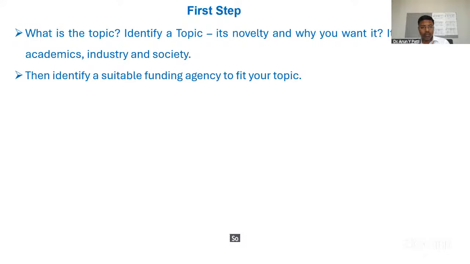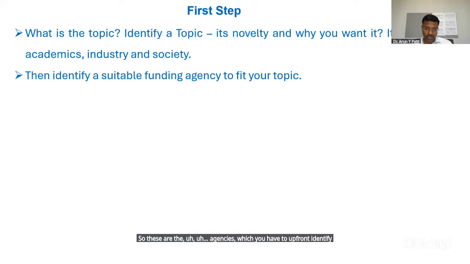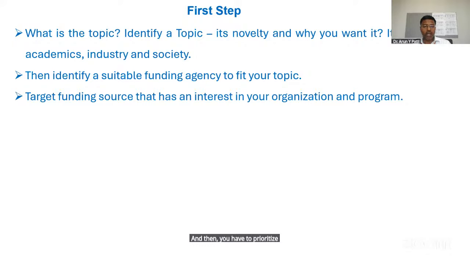These are the agencies which you have to identify upfront, three to four in a list, and then prioritize based on the dates and the deadlines.